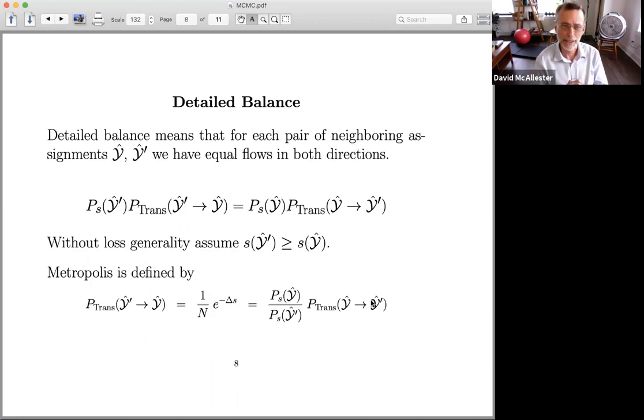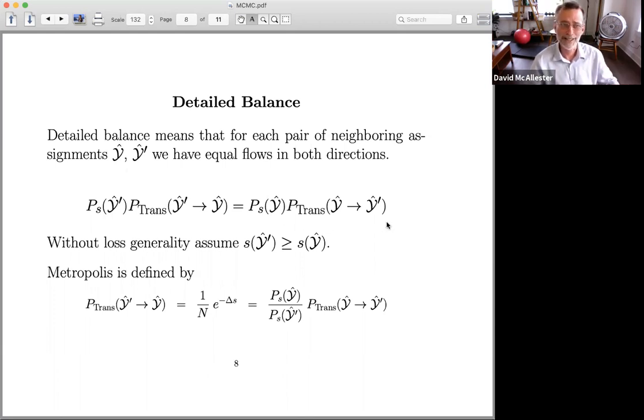So detailed balance. To show that the flow in equals the flow out, it suffices to show that for every edge, for every neighboring pair, the flow across that edge in each direction is the same, right? So I want to show that if y and y prime are neighbors, then the flow from y prime to y equals the flow from y to y prime.